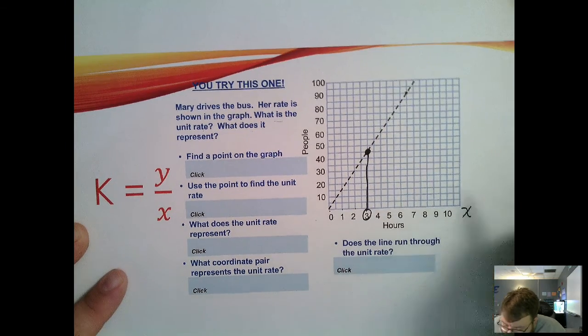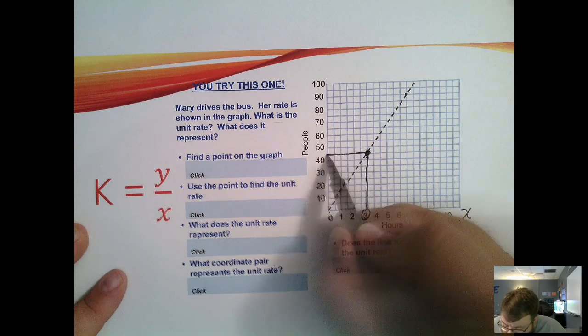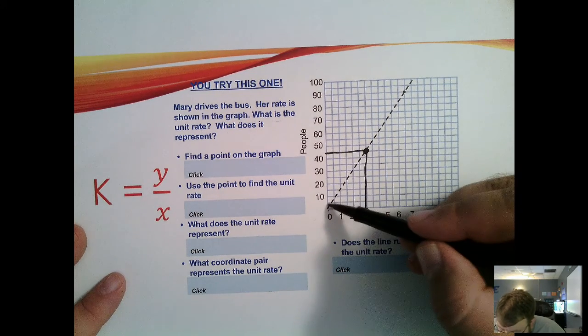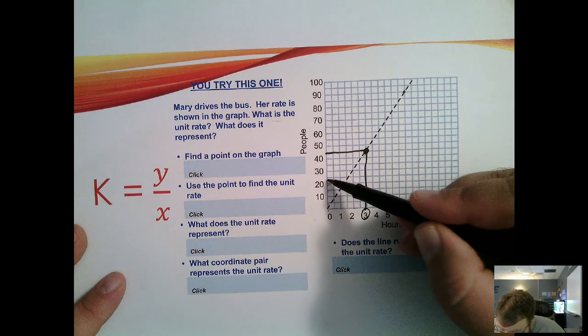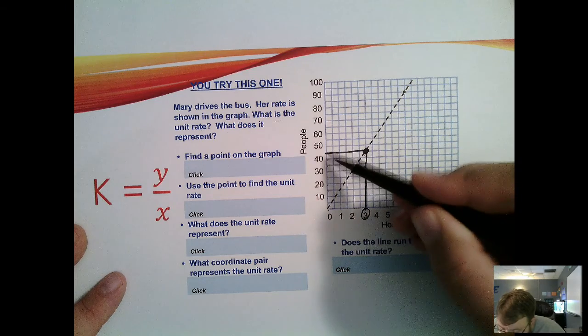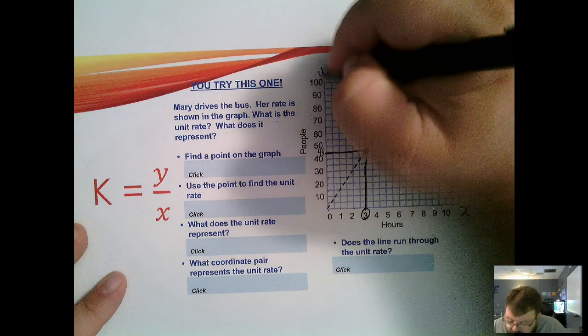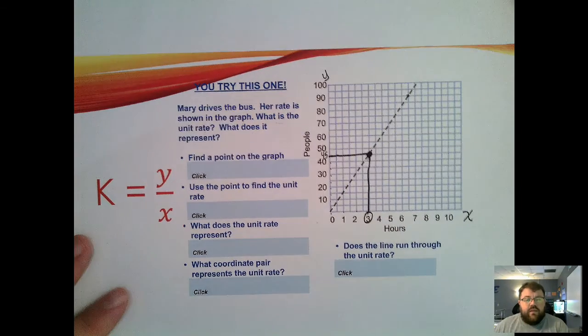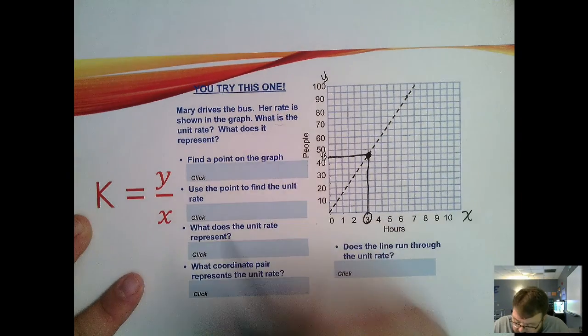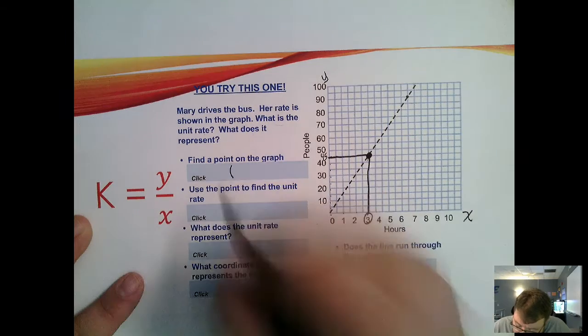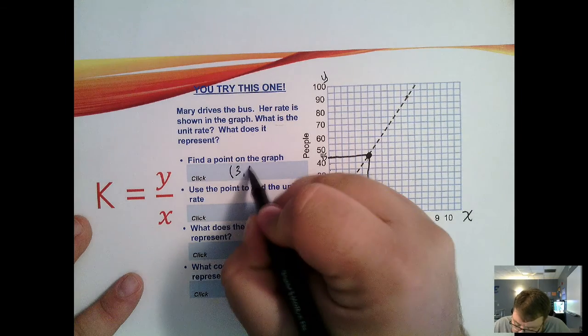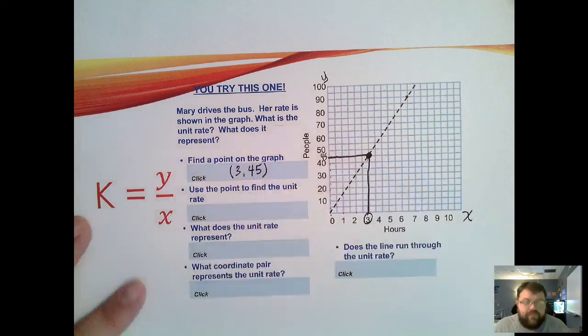This is the x value. I'm going to go over, and I see that it's 5, 10, 15, 20, 25, 30, 35, 40, 45. So 45, and this is the y value. Okay, so the first point that I'm going to choose is 3, 45.